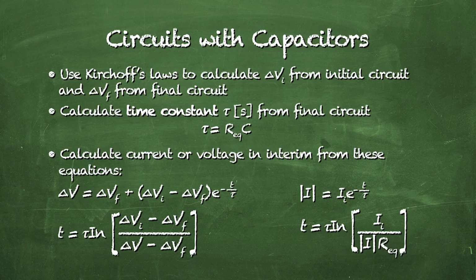And finally, the time is equal to tau times the natural log of the initial current divided by the current at any time times the equivalent resistance. So these are the equations that you will use to find the voltage and the current at any intermediate time between t equals 0 and t equals infinity, or to find the time for any intermediate voltage and current.